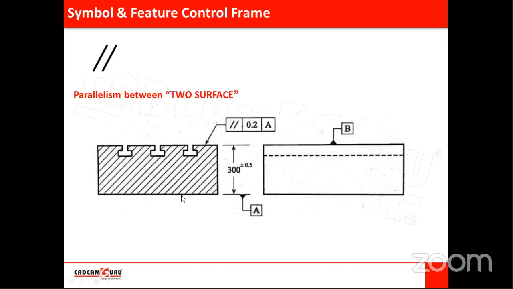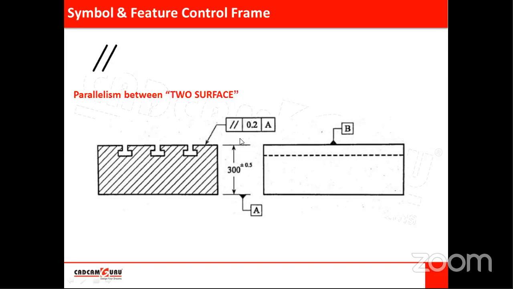That surface is generally considered as a datum, so the inspection and manufacturing processes are convenient. So here it is a datum surface, datum feature, or in the drawing it is called a datum. With respect to this, we are talking about parallelism of this surface.